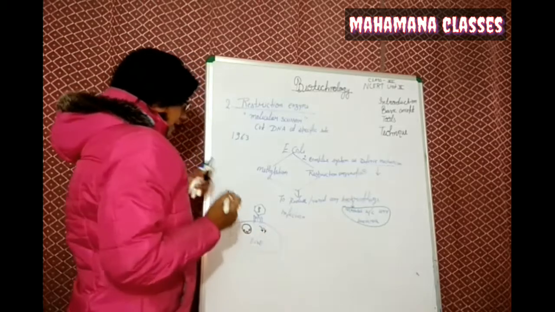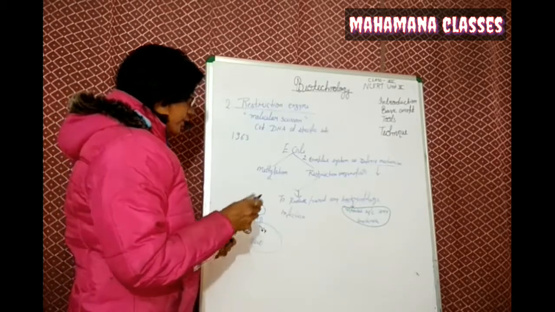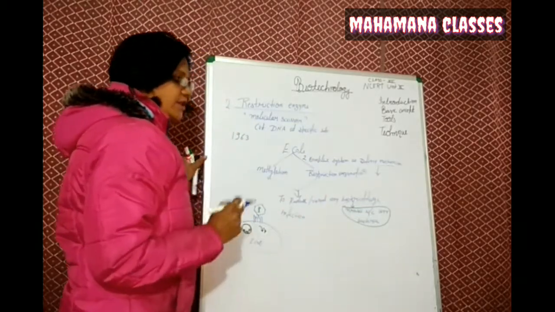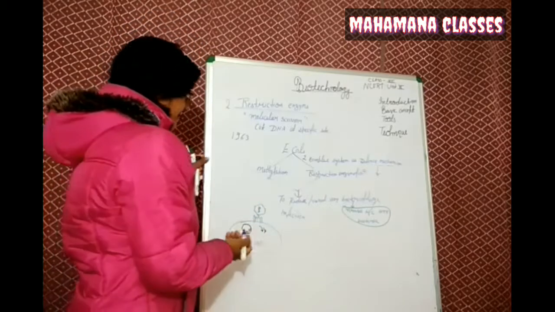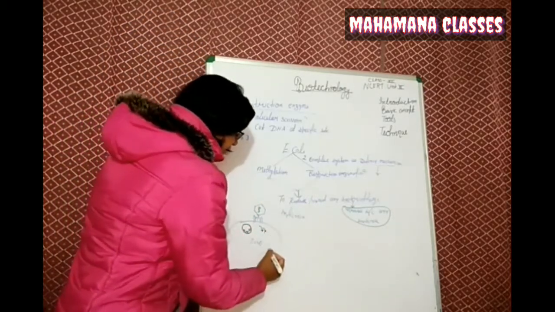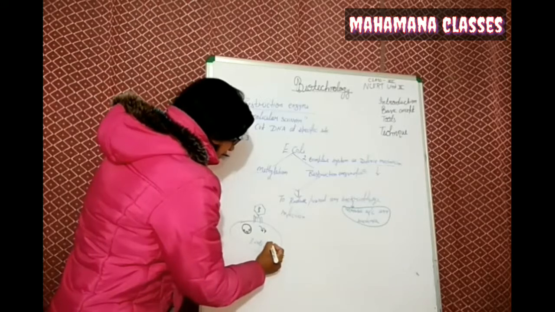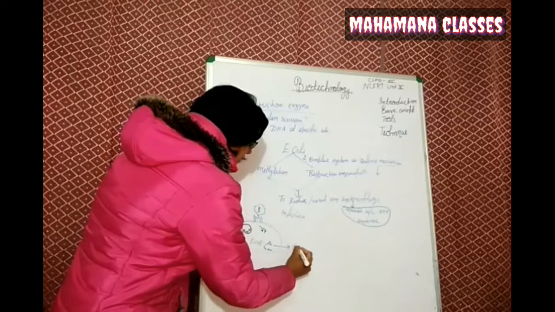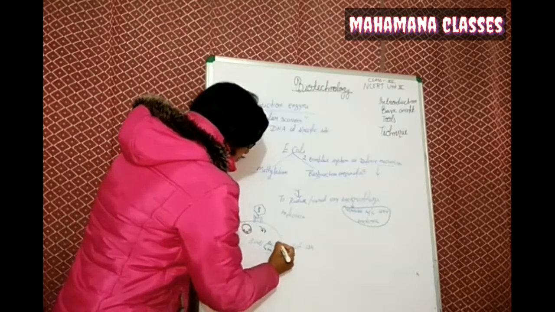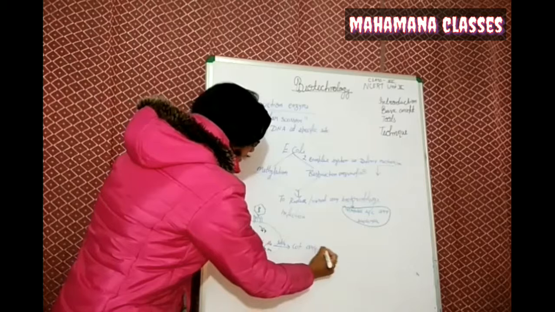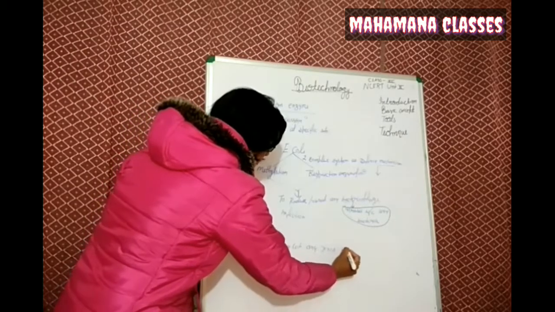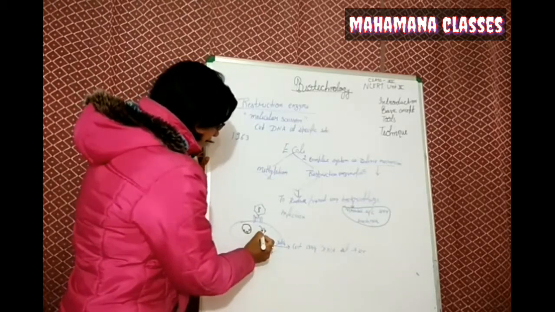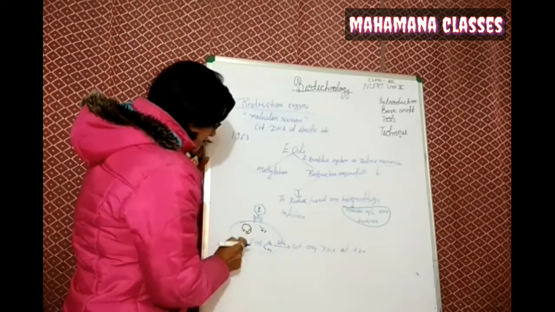So in the E. coli, there are the two systems, methylation and restriction enzyme. The restriction enzyme has the ability to cut DNA at specific sites. Suppose this restriction enzyme has the ability to cut any DNA piece between A and T. So it will cut this and also this.